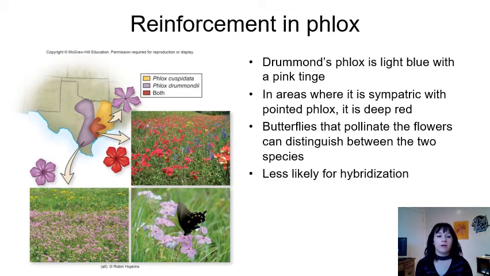Now, when they are coexisting, so when they are sympatric in the same area, one of the species is actually going to change color and be red, right? Butterflies can actually distinguish between the red and the light blue, and may only travel to just the red flowers or just the blue flowers.